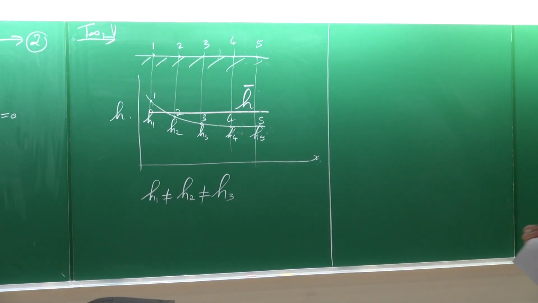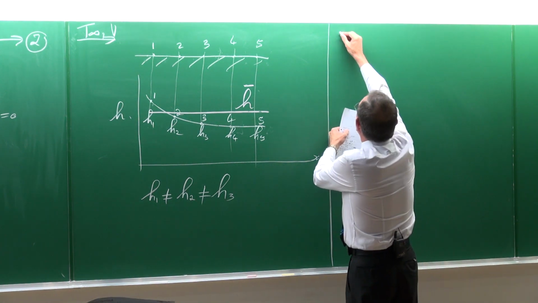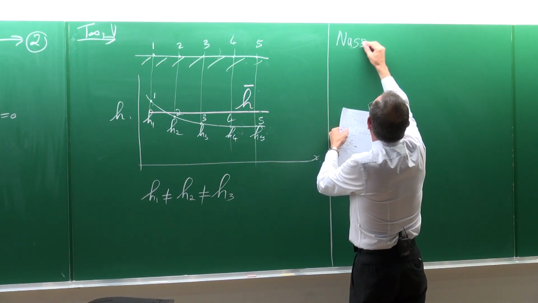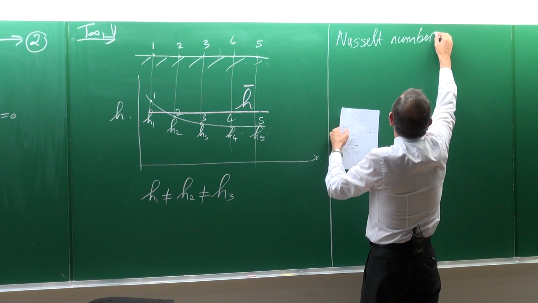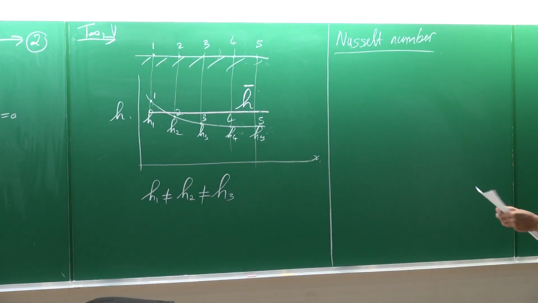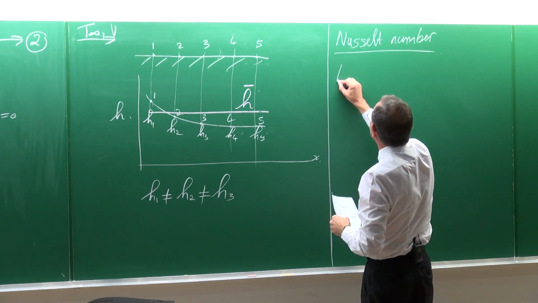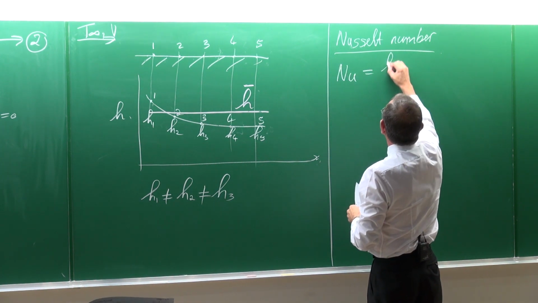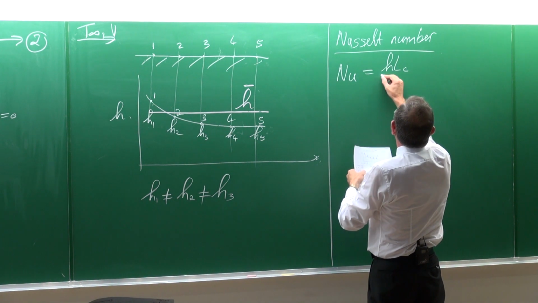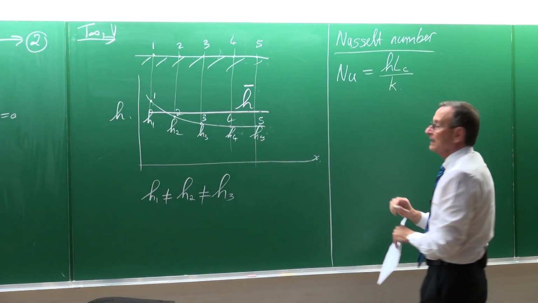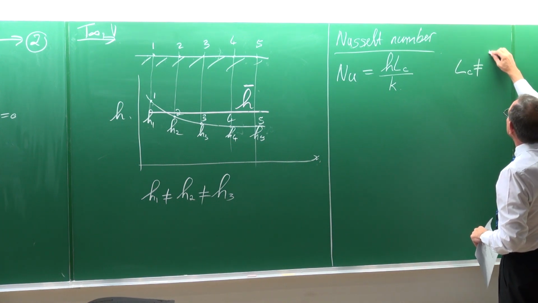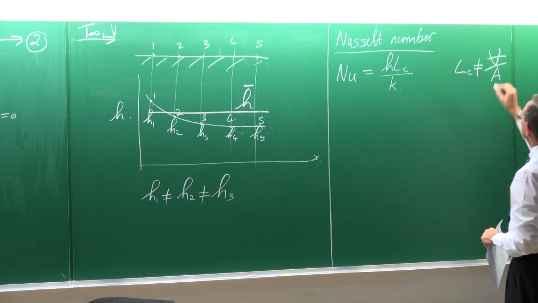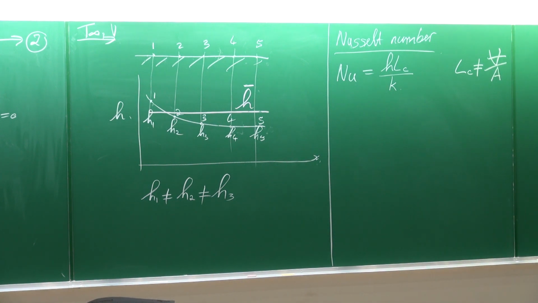Okay. Next, we introduce the Nusselt number. The Nusselt number, Nu, is equal to the heat transfer coefficient multiplied by a characteristic length divided by K. Take note, this characteristic length is not equal to the volume divided by the surface area as defined in the lumped system approach.